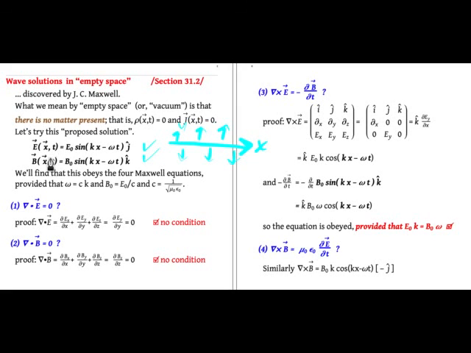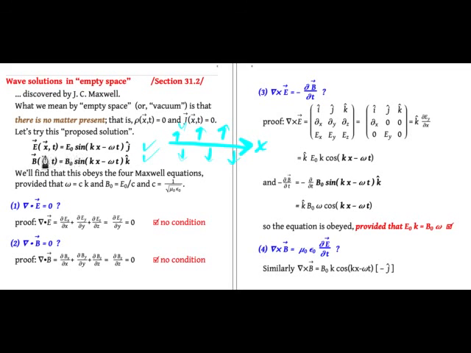Now the magnetic field is the same, except it's pointing in the z direction. So here's the x direction, here's the y direction. Let's put the z direction in, I don't know, pink. So at some point, the electric field points in the y direction.